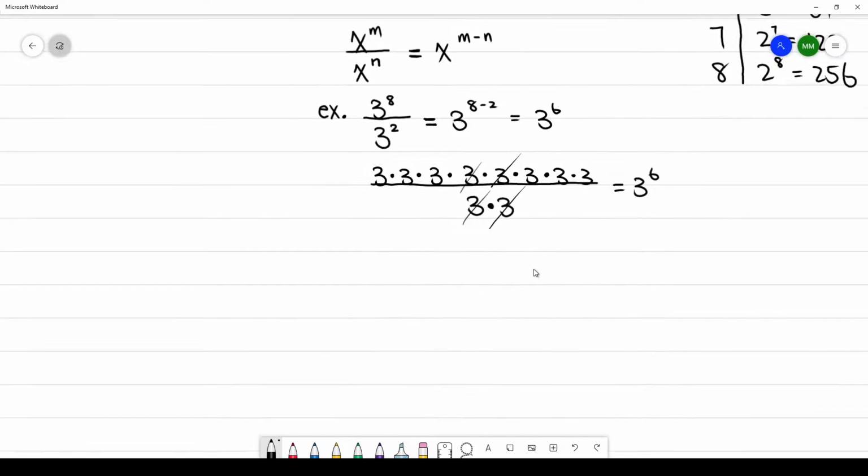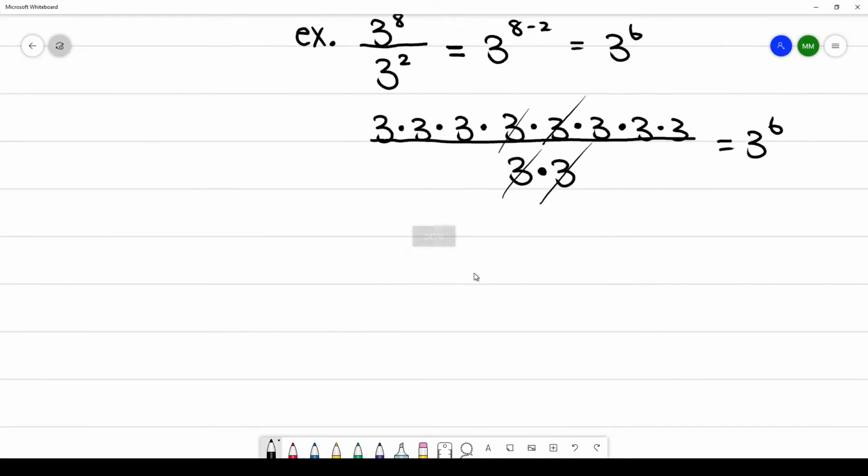Now the third one is x to the m, when this whole thing is raised to the power of n, that is equal to x to the m times n. So m multiplied by n.